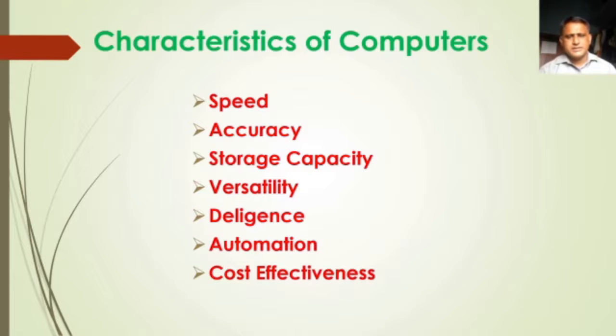The speed. You might have seen how fast the computer works. If a job is given to it, you can get it done within a blink of an eye. Within the blink of an eye, the computers can finish work which will take weeks together by human beings. That is the speed of today's computers.